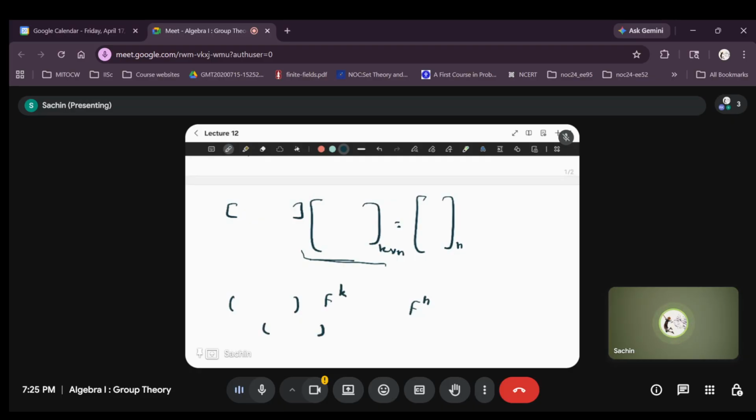If you have a binary message with k bits, let's say k is 2: 0 0, 0 1, 1 0, and 1 1.